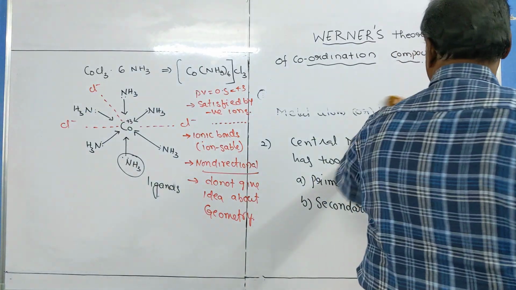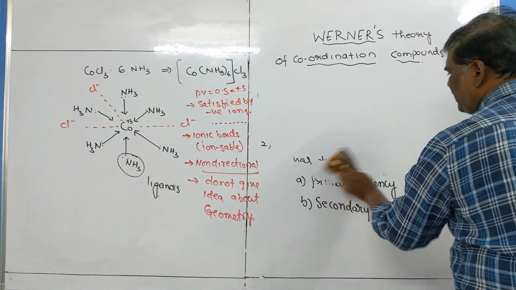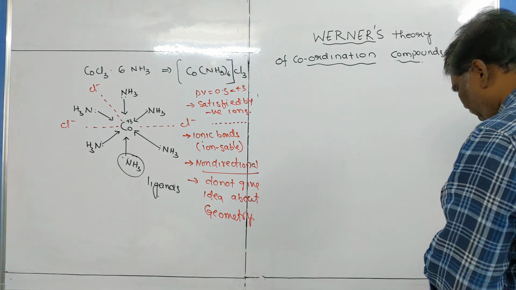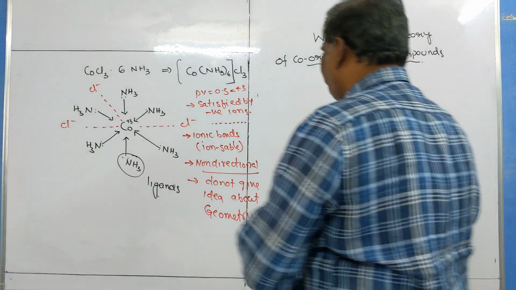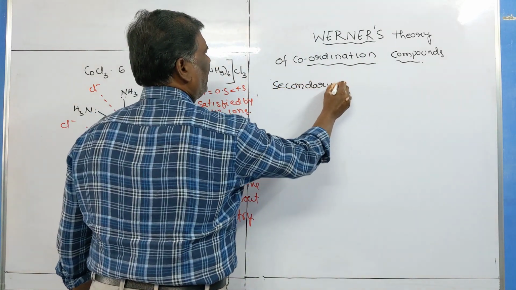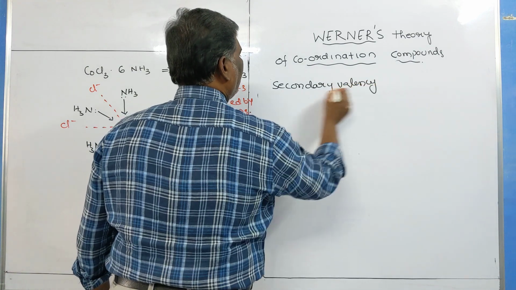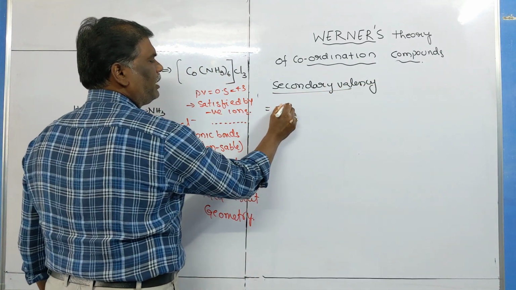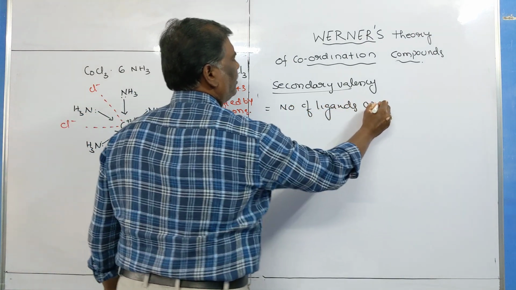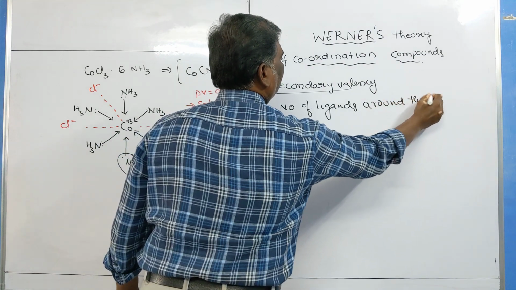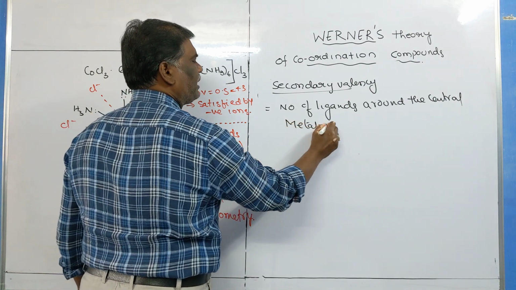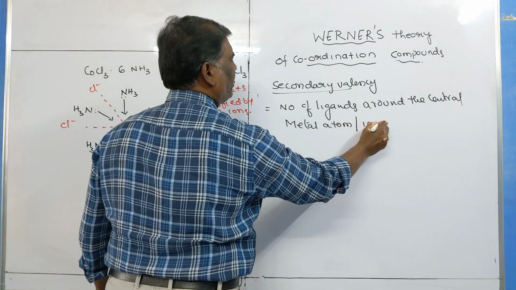What about the secondary valency? Secondary valency is equal to the number of ligands around the central metal atom or ion.